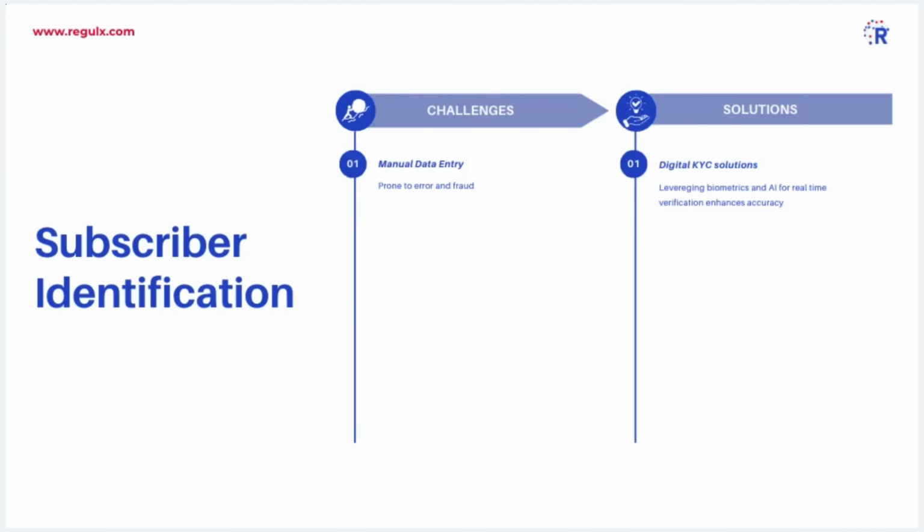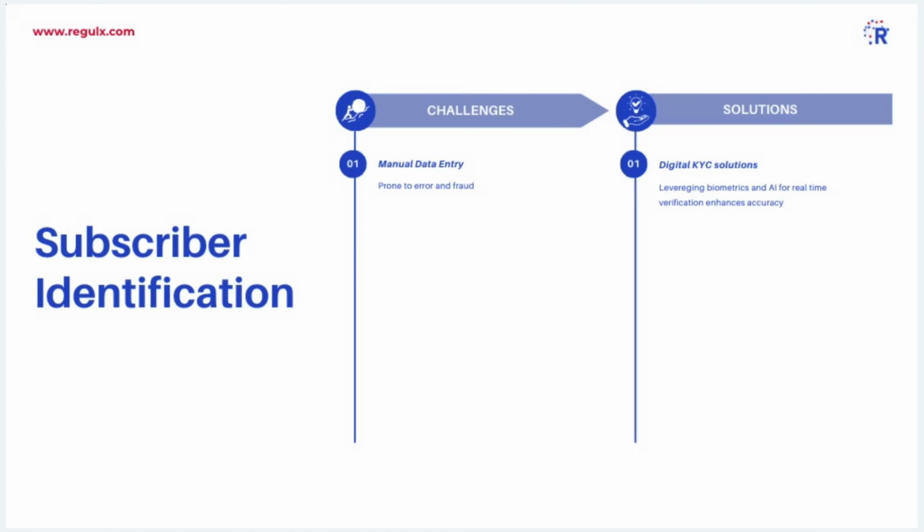Here I present this slide as challenges and solutions, but you can really see it as the key techniques to implement an effective subscriber identification. As the first challenge, I list the manual data entry.